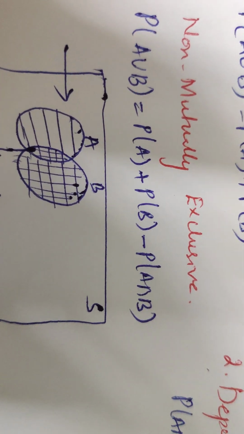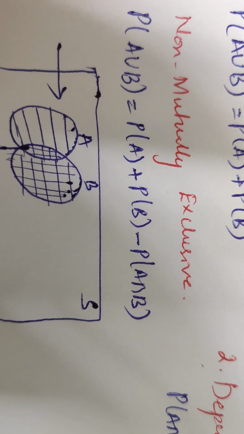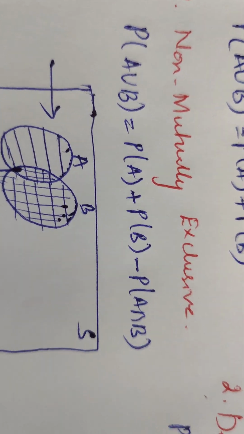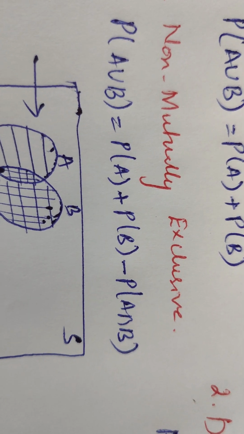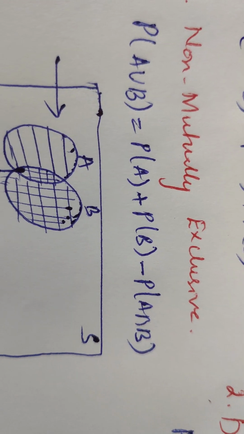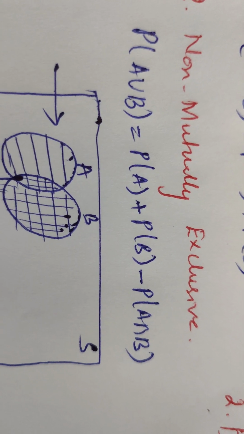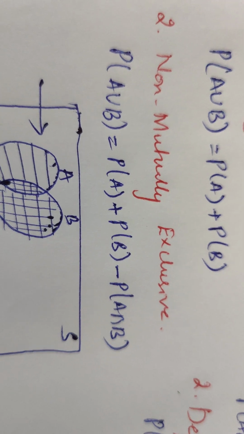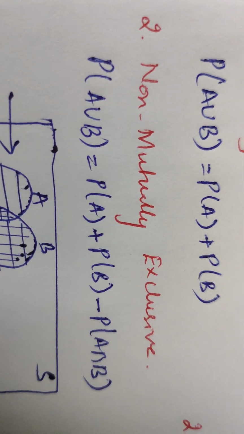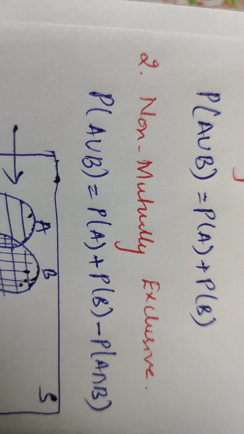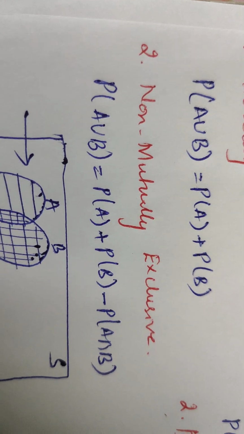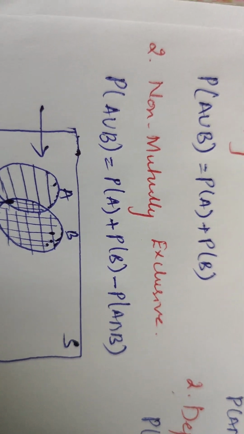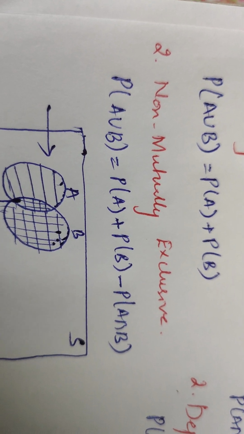S is the sample space in which we have two sets, set A and set B. When the possibility of event A occurs, the outcome of A and B together forms A union B. Here the symbol between A and B is called union. That means the occurrence of one event is avoiding the occurrence of another event.